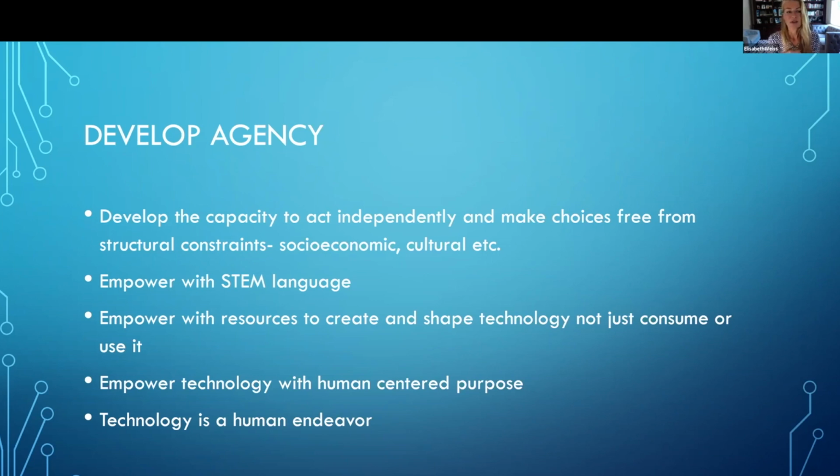So a couple of ways that you can explain concepts this way is to empower people with language and other resources. Language is really, really important.